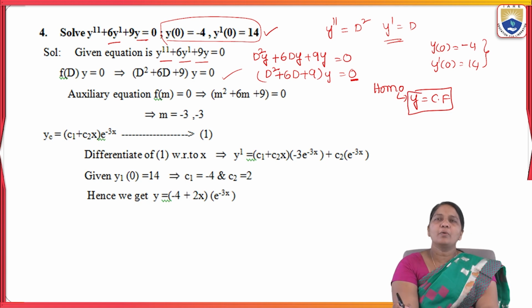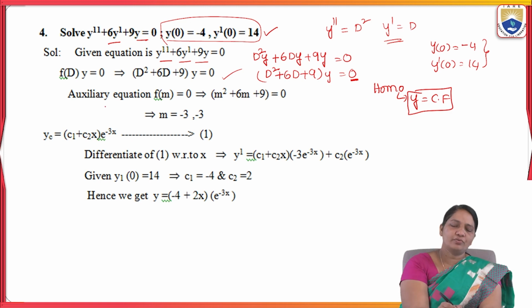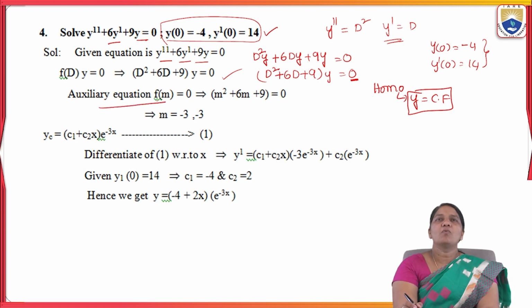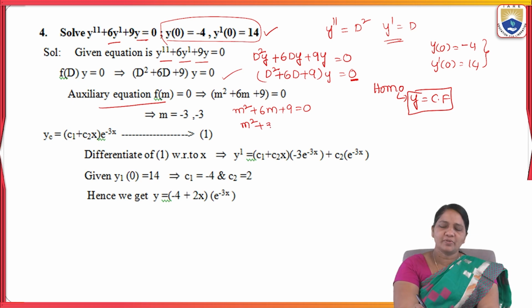So to find the complementary function, what we need first is to write the auxiliary equation. What is the auxiliary equation? F of m equal to 0. So from this we are writing m square plus 6m plus 9 is equal to 0. Here 3 3s are 9, so I am writing m square plus 3m plus 3m plus 9 equal to 0.